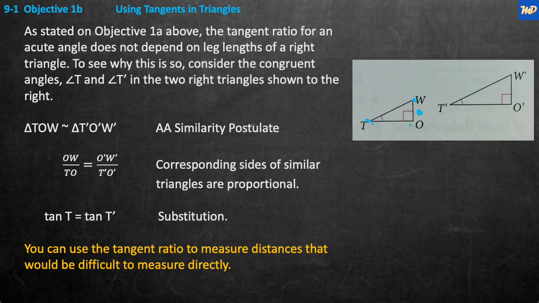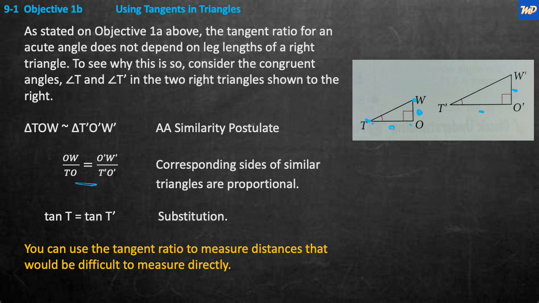OW right here divided by TO is equal to O prime W prime divided by T prime O prime. Okay? And those are corresponding sides of similar triangles, which are proportional. So therefore, our triangles have proportional sides, because we said those ratios are equal.